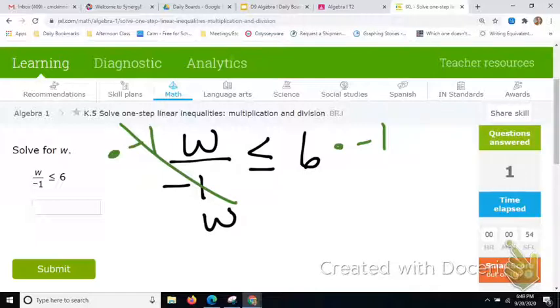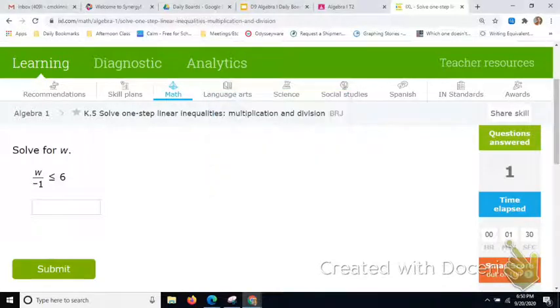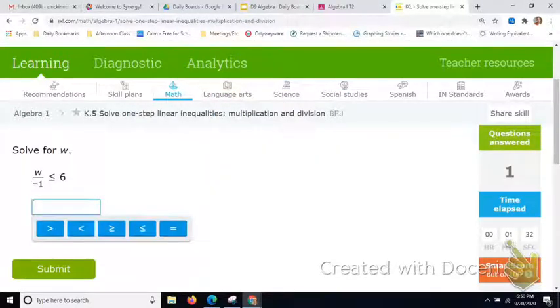So now W, -6, and we multiplied by a negative, so the symbol is going to change direction. So then instead of less than or equal to, now it's greater than or equal to. So W is greater than or equal to -6.